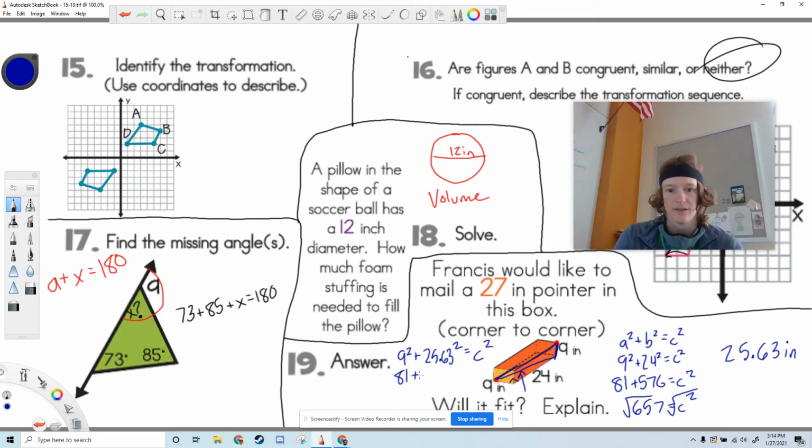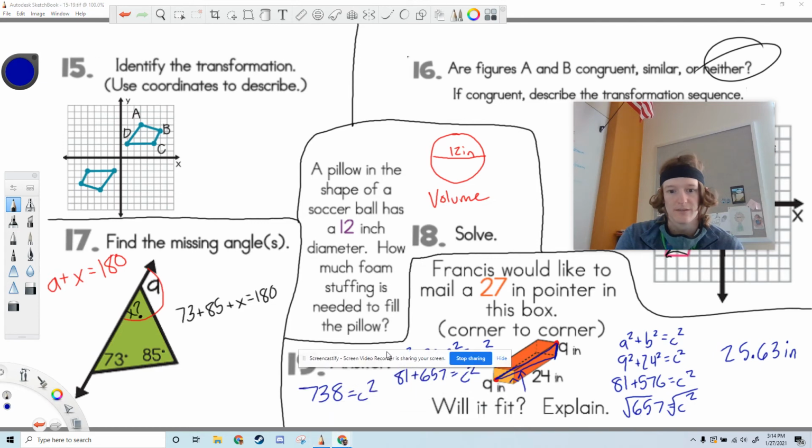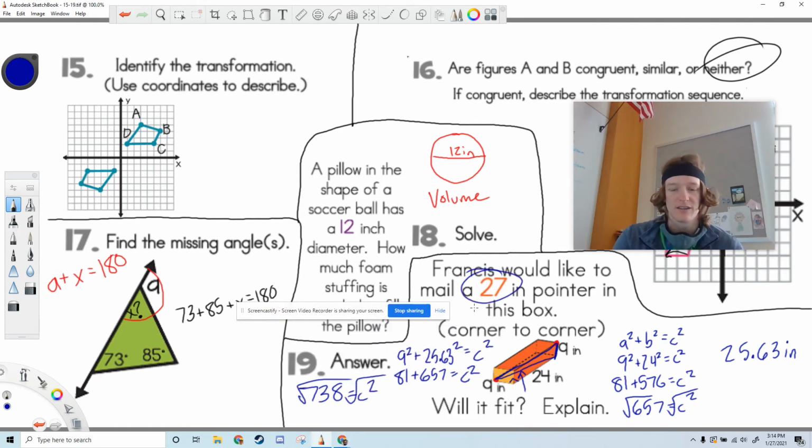So 81 plus 657, we get c squared. So that's 738 is c squared. Square root. If this is bigger than 27, it's going to work. Square root of 738 is 27.2 inches. So it's going to fit.